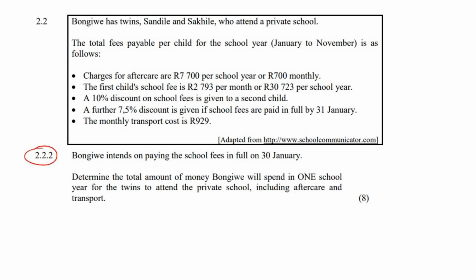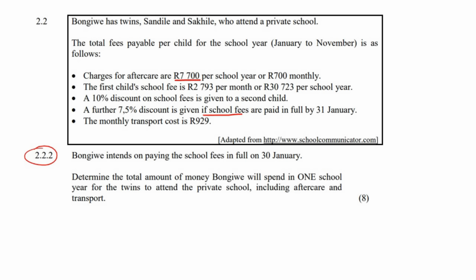Okay, so remember that aftercare and school fees are not the same thing, okay? So aftercare is going to be 7,700 Rand per school year. There's no discount on that, okay? The discount is only given for school fees. So this is not school fees, this is aftercare.